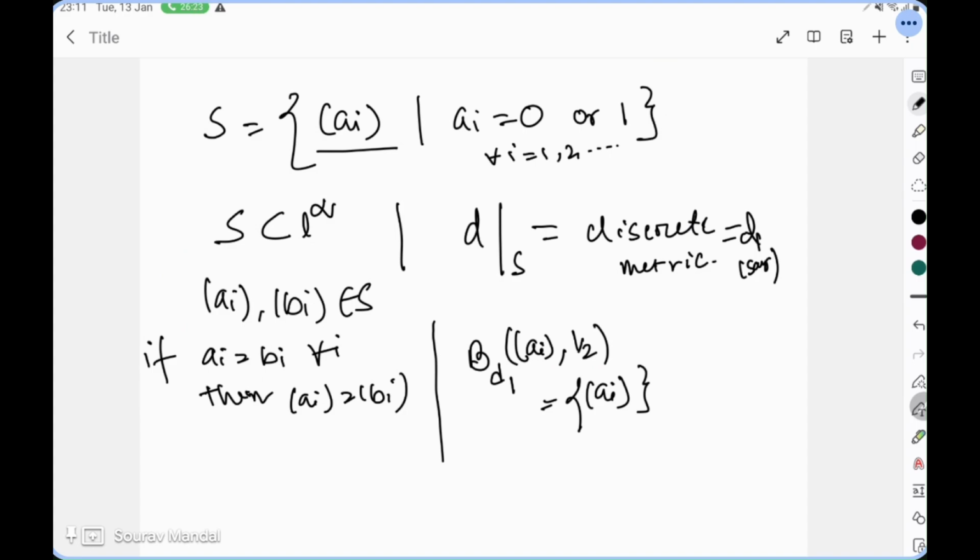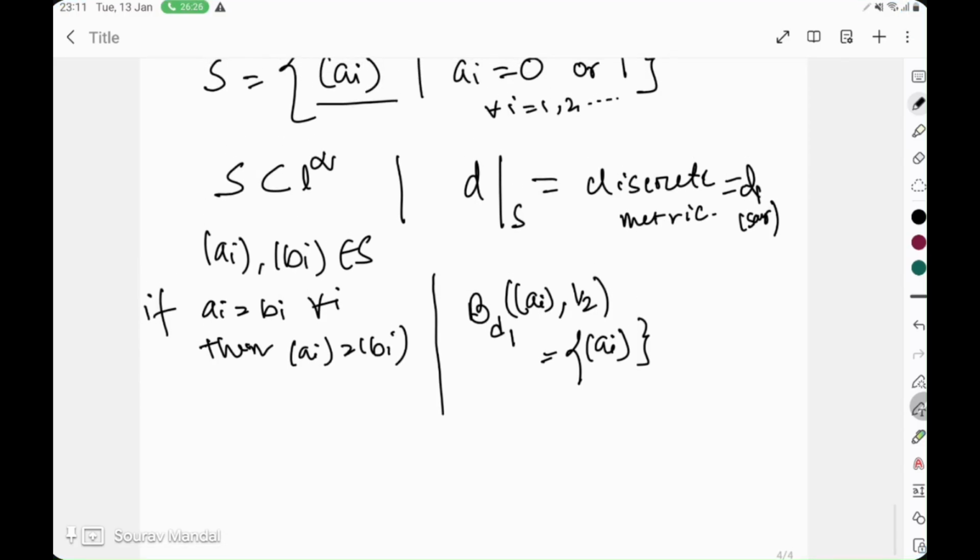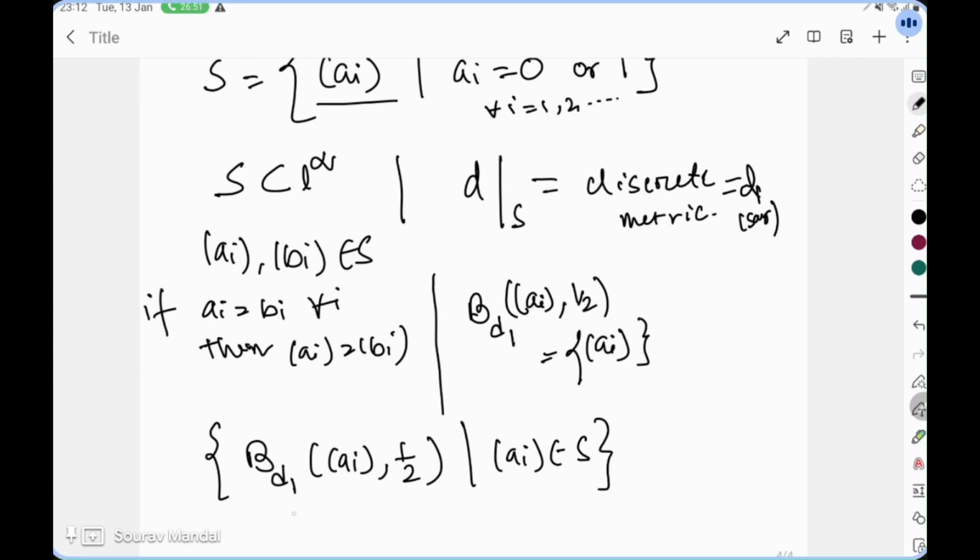Yes or no? So this is basically a collection of disjoint open balls centered at the A_i's.